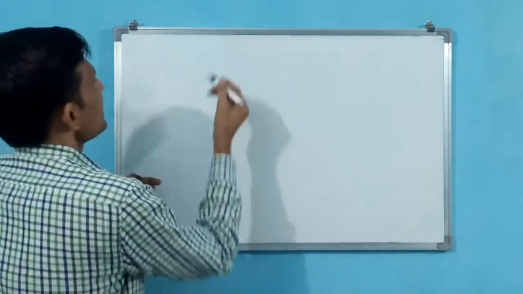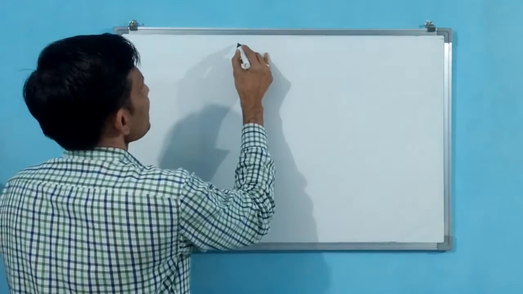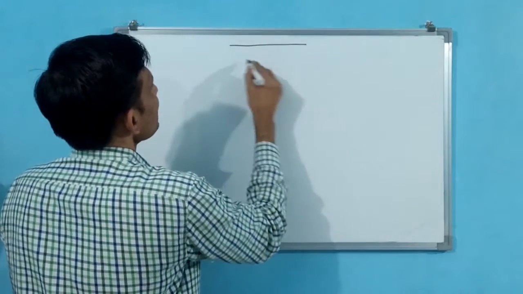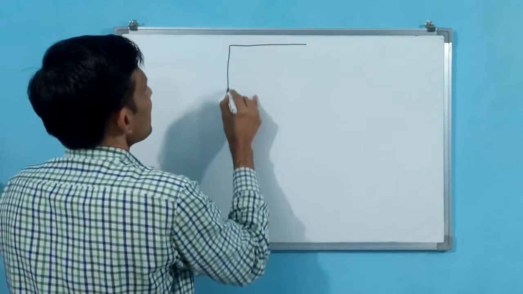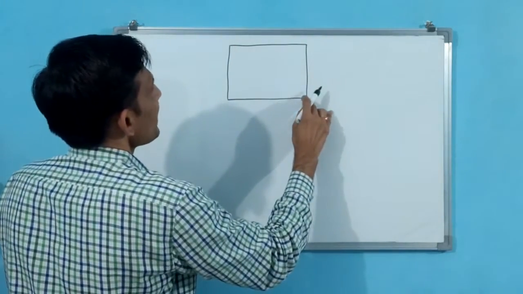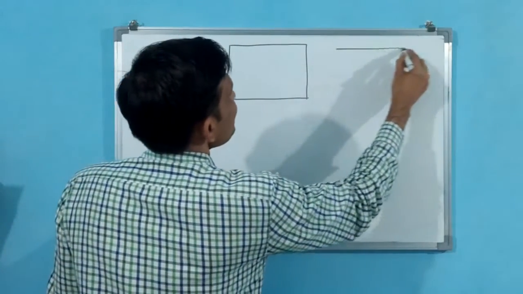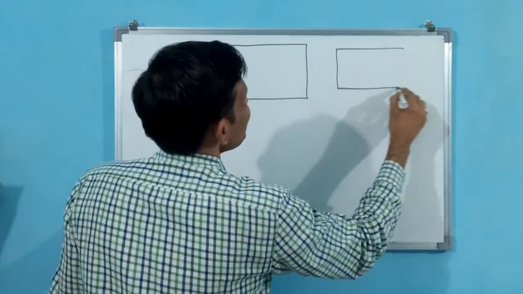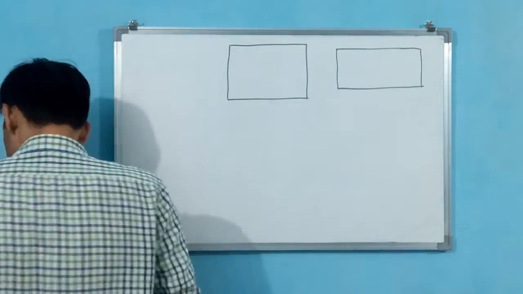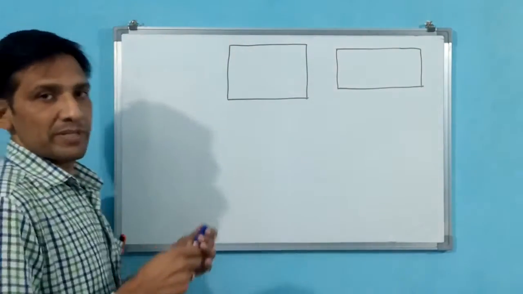Area of quadrilaterals, or mensuration of quadrilaterals. Let me take a simple square and rectangle. As I said, quadrilateral means four sides will be there.